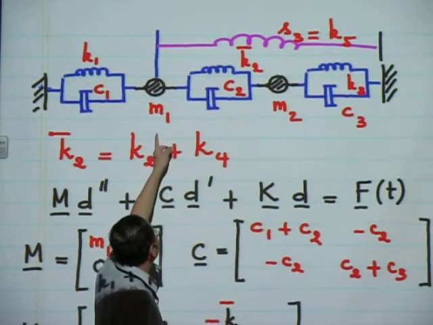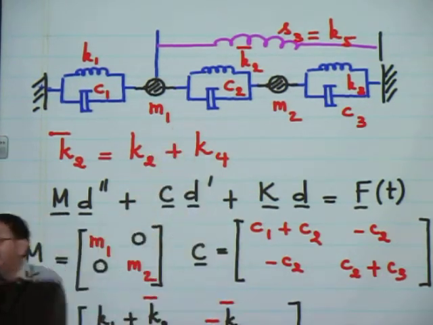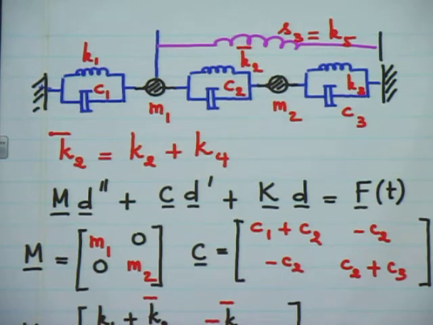You need to isolate the mass, and when you isolate the mass, you have the internal force coming from this spring here, in addition to the internal forces coming from element 1 and element 2, and the damper force and the applied force.